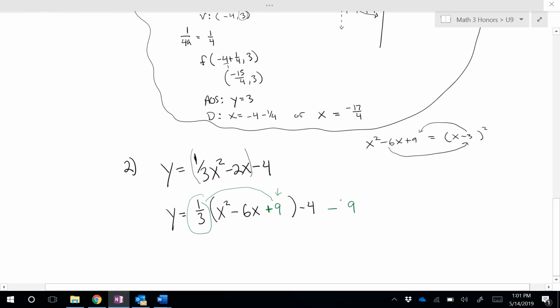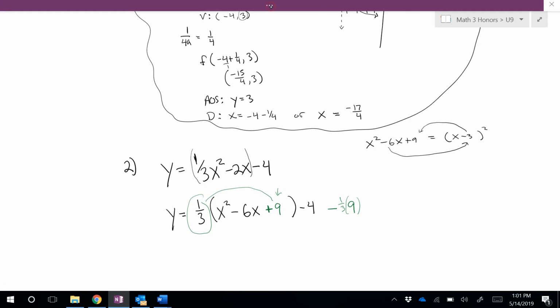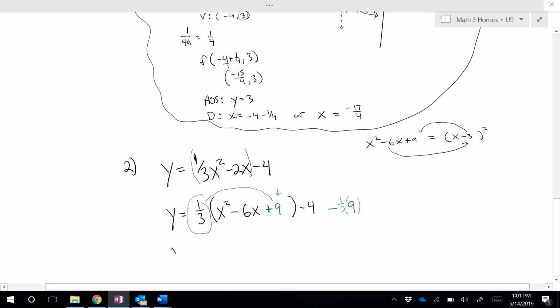And so you're going to have to subtract 1/3 times 9 to balance that out. So always think, when I put that there, if I were to distribute everything out, would I get back to where I started? If not, then you're not adding and subtracting the right thing. So a is 1/3. x squared minus 6x plus 9 factors to x minus 3 squared. And we have a -4 and a -3, which gives us a -7. And now we have it in the form that we want.